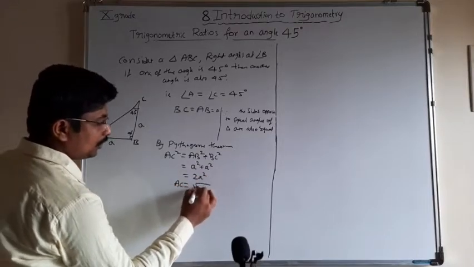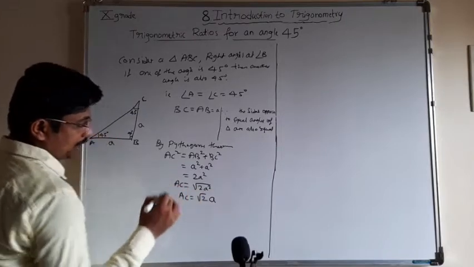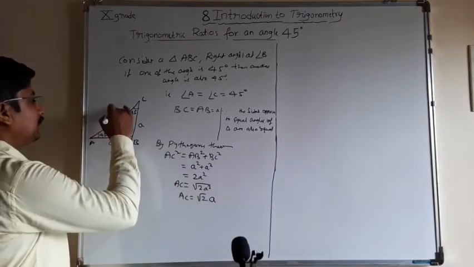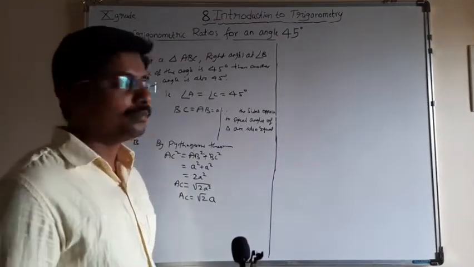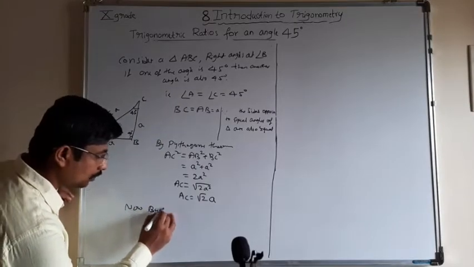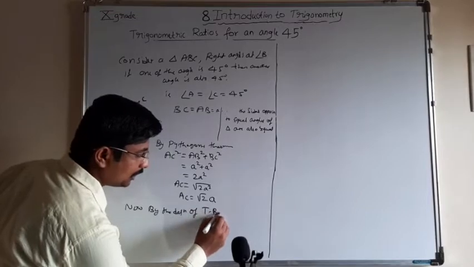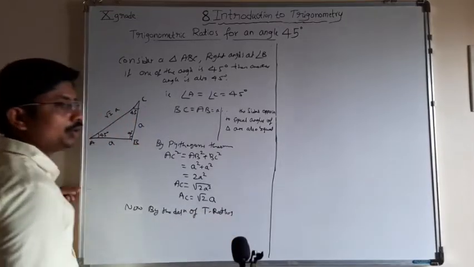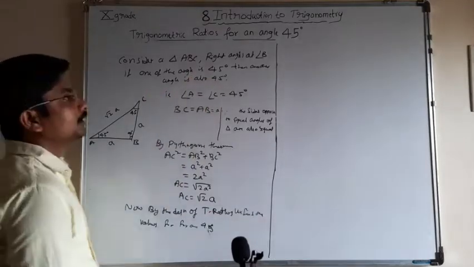AC is equal to under root 2a square, so AC is equal to root 2 a. This is the third side we got, root 2 a. Now by the definition of trigonometric ratios, we will find the values.